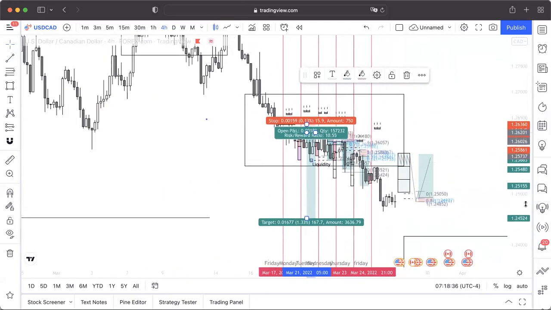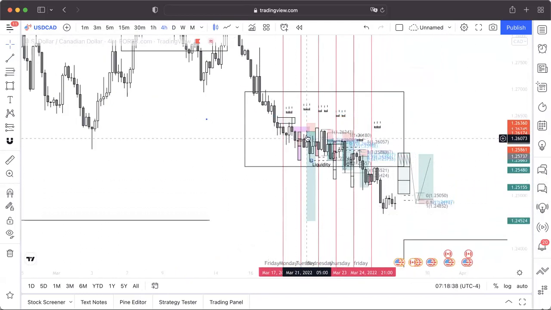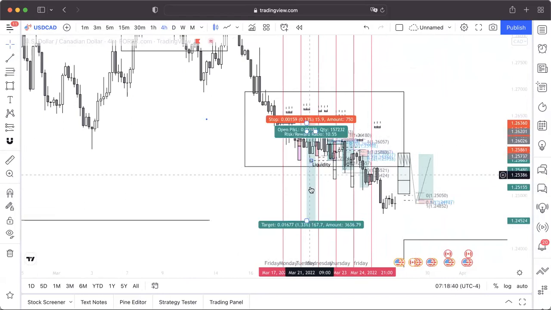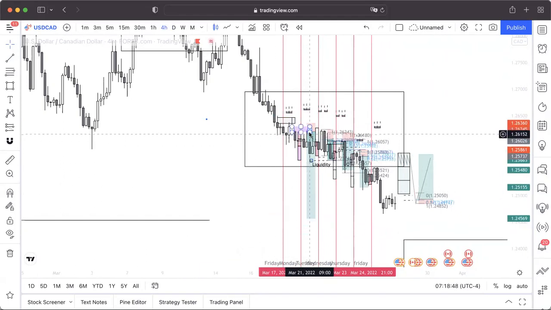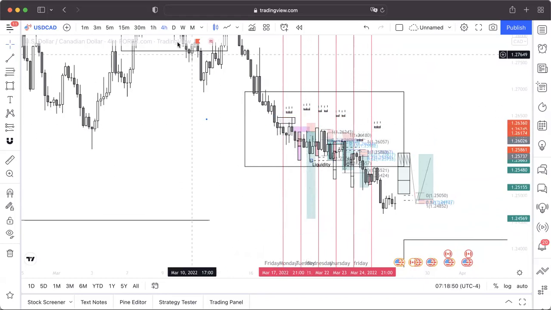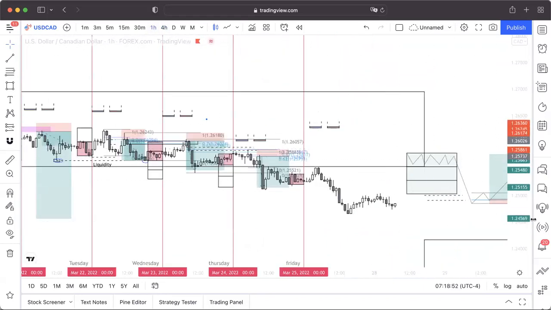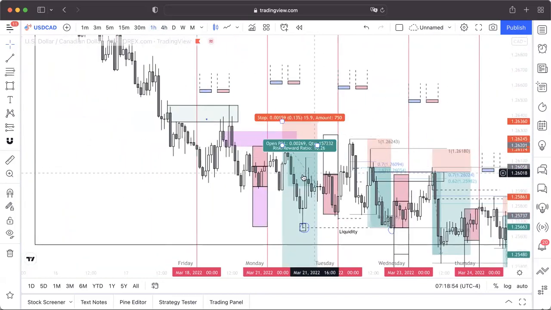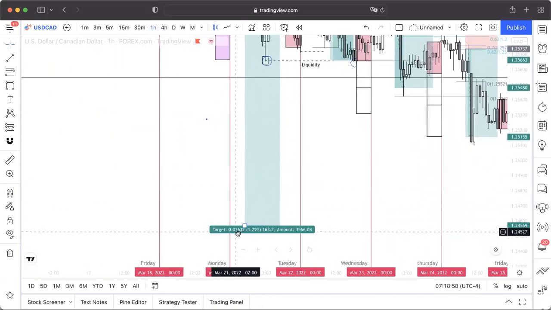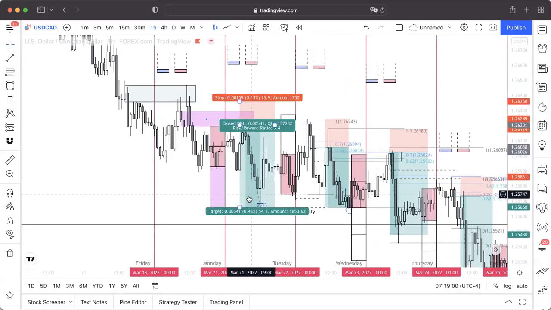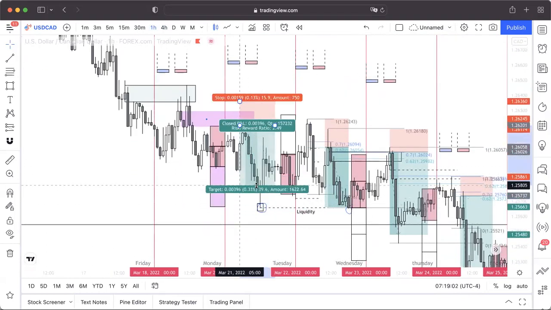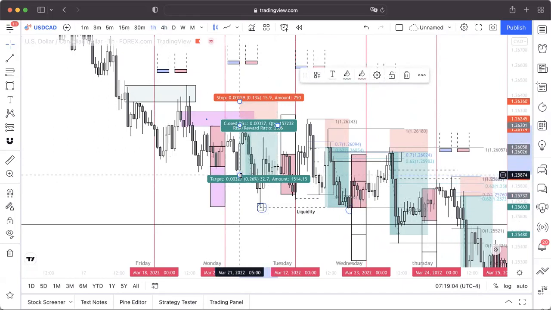I think that's pretty unrealistic, especially holding a 1 to 10, and you might hold partials, but the reason why it's unrealistic to hold all the way here is because you would already pull your stop loss to break even, and what would happen is you pull your stop loss to break even, you get like a 1 to 3 or 1 to 2, I don't know what happens there.